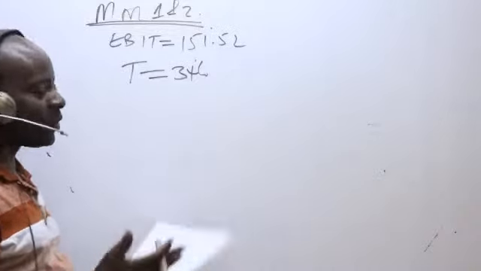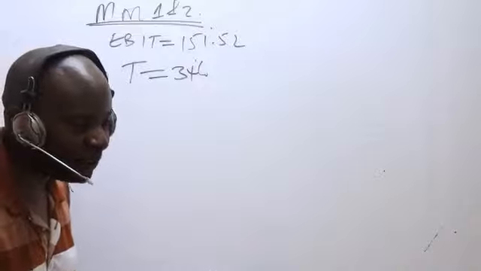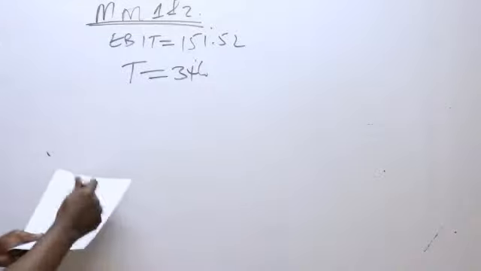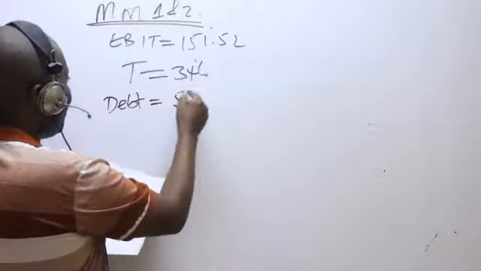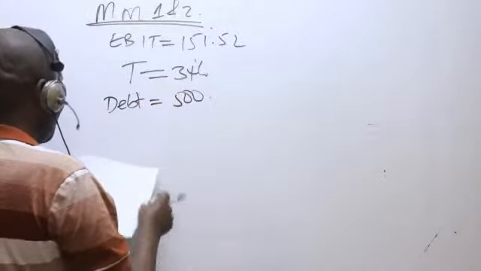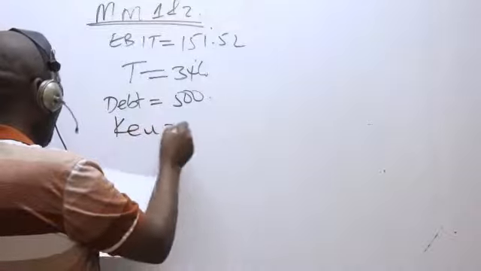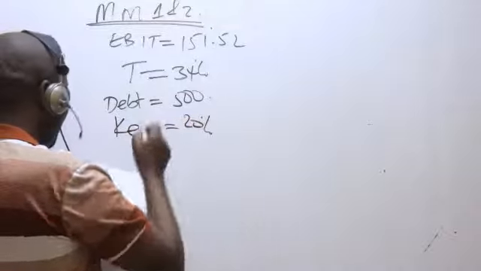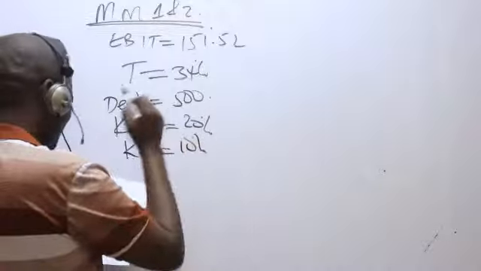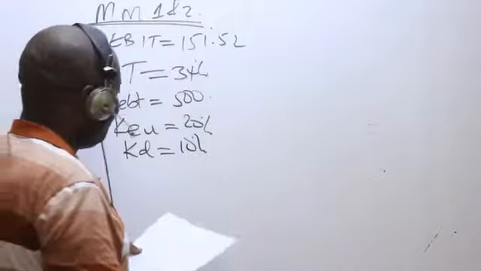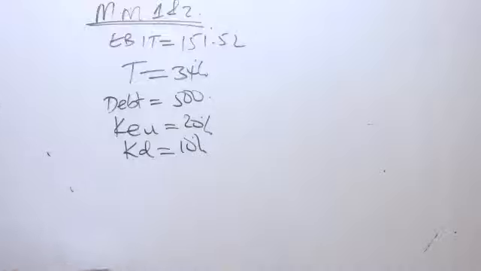So this time around tax is 34%. Then they have given us debt, which is 500. Cost of equity of an unlevered firm is 20%. KD is 10%.